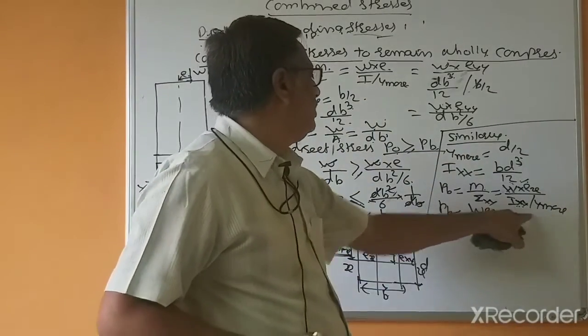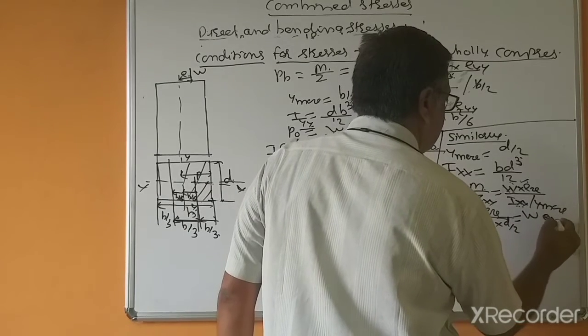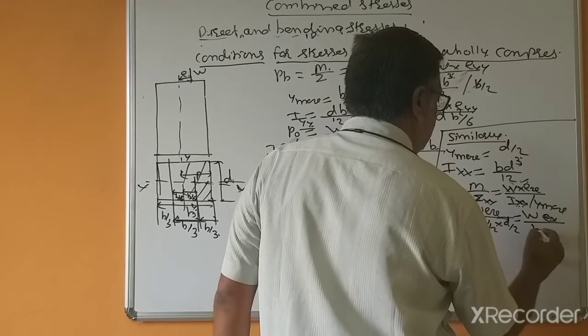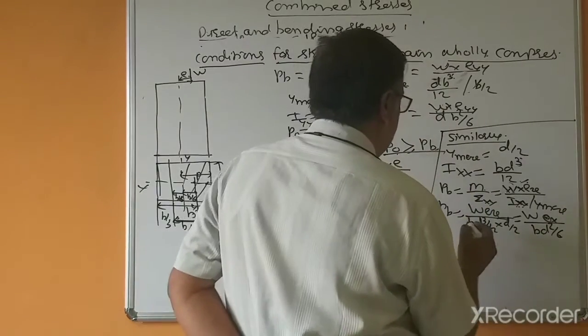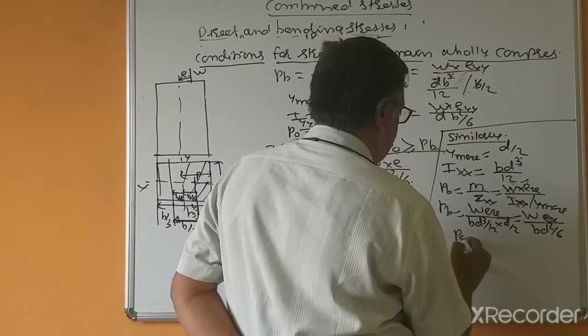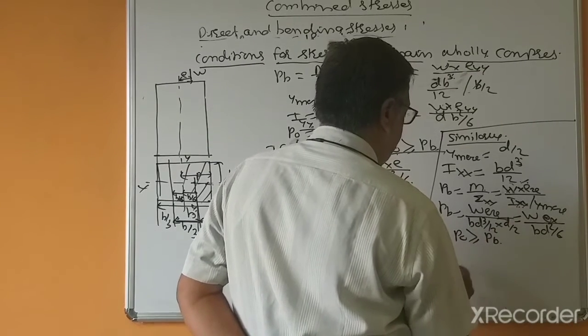Y max equals D divided by 2. So this is BD squared divided by 6. Now this should be greater than PB.